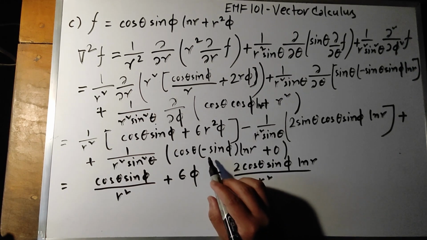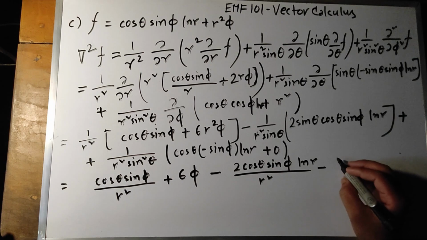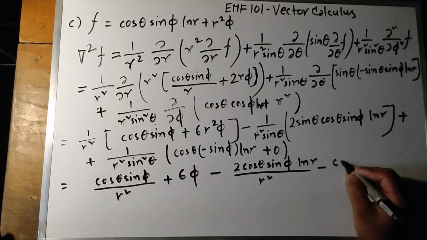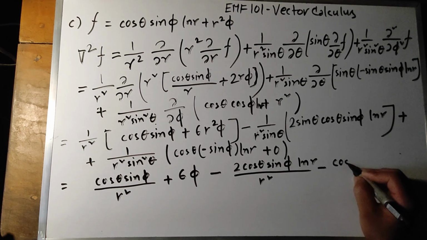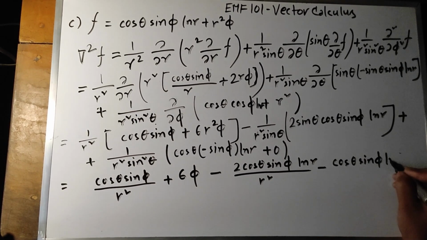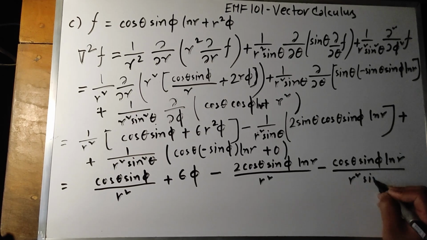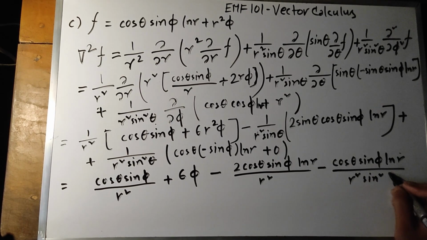Now here also is a minus, so minus cos theta sin phi ln r, cos theta sin phi ln r by r square sin square theta.